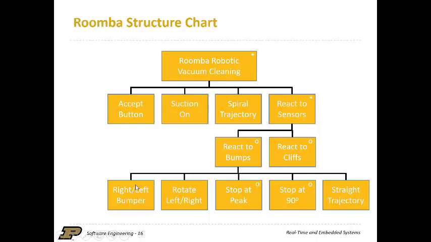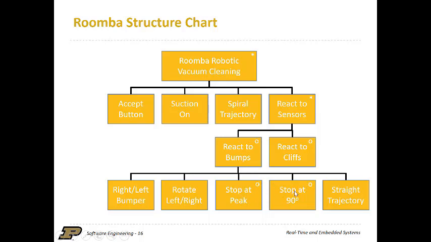So if you get a bump, whether it's the right or left bumper means you're going to first determine was it the right or left bumper, and then you're going to rotate opposite, either left or right. Again, execution left to right. Then you are either going to stop at the peak or stop at 90. Again, these are conditional.